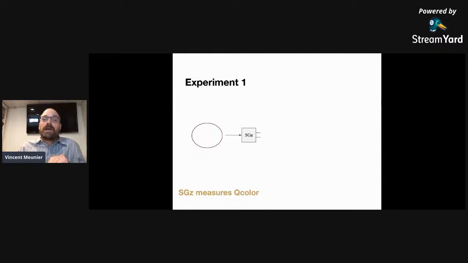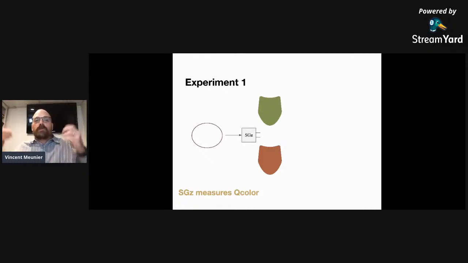On the top, I'm going to get green monster. On the bottom, I'm going to get red monster. And I'm going to call that experiment the Q color. So basically it measures the quantum color of my object. I say quantum because maybe something weird is going to happen. So I'm keeping the door open for the weirdness to happen later. Okay. So this is my experiment.